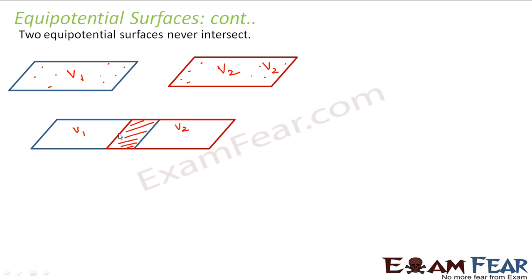Now, if a surface has two values of potential, that means at some points it is V1, at some points it is V2, that means it is not an equipotential surface, right? Because that is the characteristic of equipotential surface, that they cannot have more than one value of potential. So that is the reason that we say that equipotential surfaces never intersect, because if they intersect, they will have two values of potential, which is not possible for an equipotential surface.